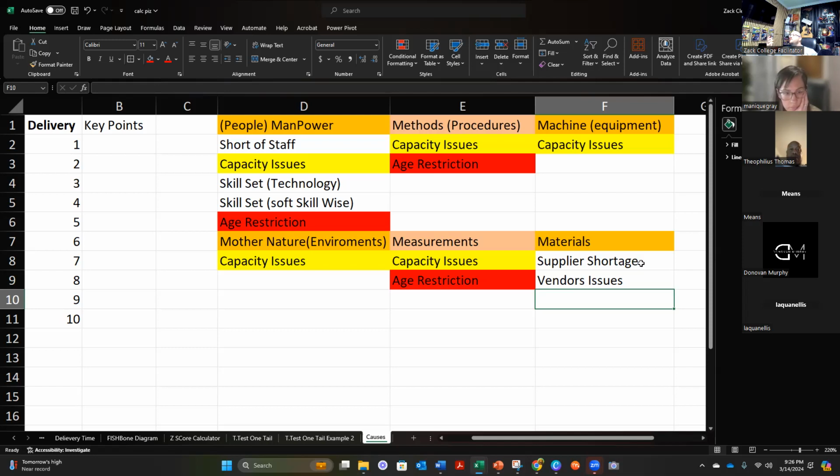So, as you can start to see, a lot of this is learning how to classify issues. And across the board, if you start to see multiple issues, it can be an indicator of a focus point.